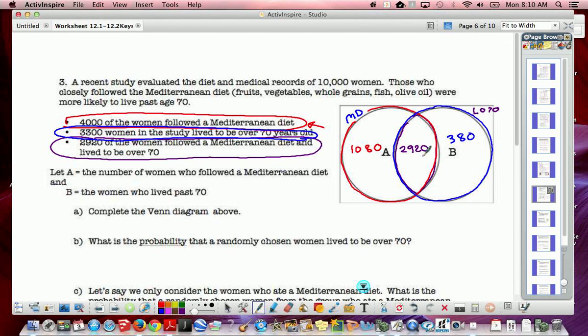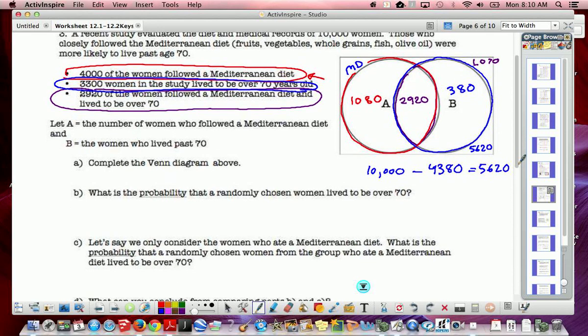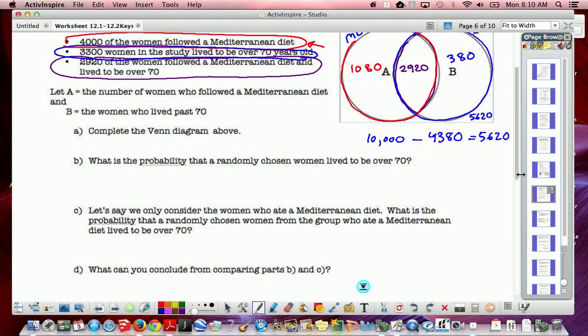So I know these two numbers is 3,300 plus another 1,080 is 4,380 so far within my circles. If I subtract that from 10,000, that gives me the 5,620. That's the number that should go outside my Venn diagram. Okay. All right, so now using the Venn diagram, I can answer these questions.